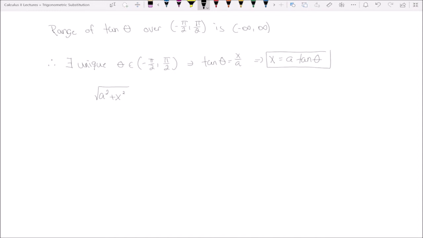Take the square root of a squared plus x squared. We just said x is a tangent of theta. This becomes the square root of a squared plus a squared tangent squared theta. We can factor out that a squared. But 1 plus tangent squared theta is secant squared theta.